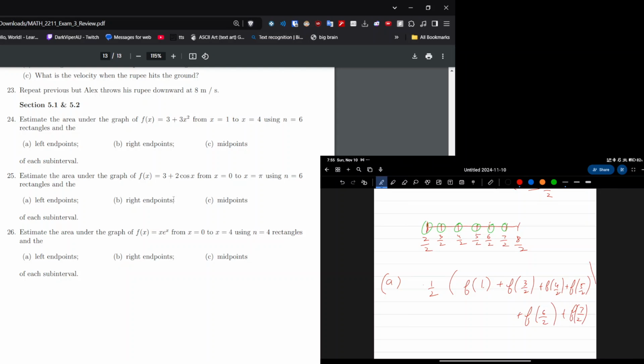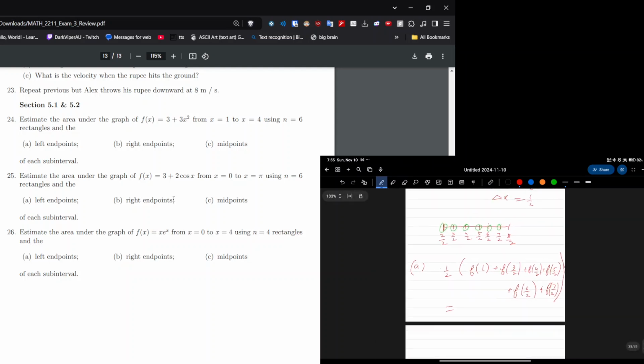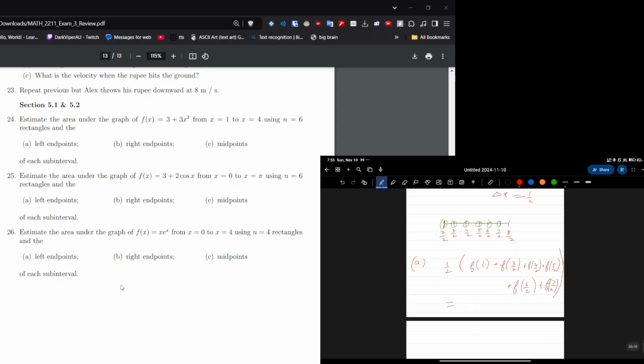Now use your calculator to find this calculation, and you would be left with, let me check my solutions, 24, and the left would be 61.125. So this is the approximation using the left bounds.